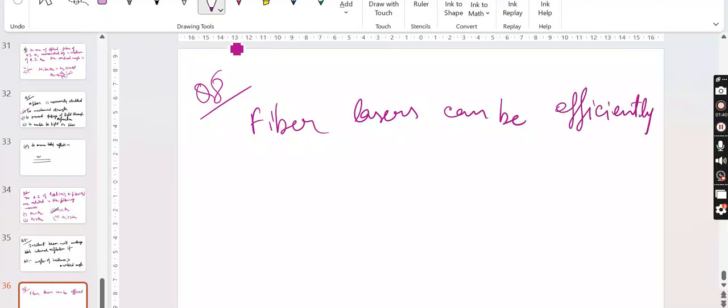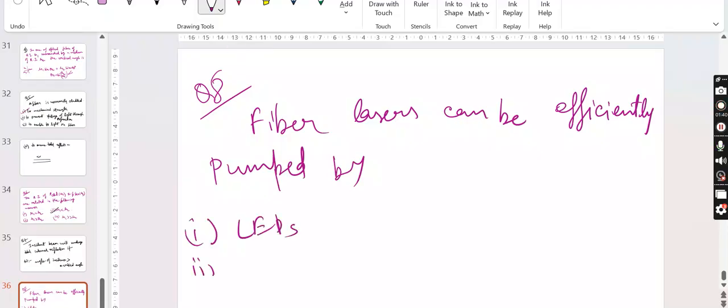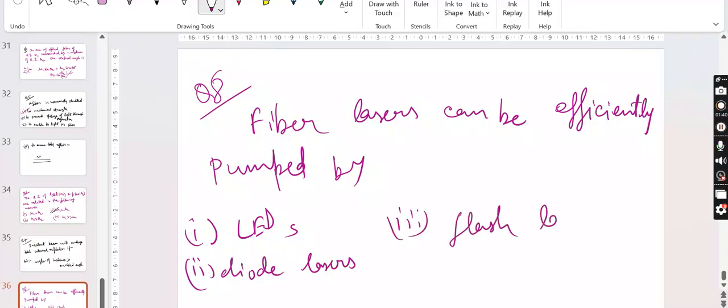Question number 8. Fiber lasers can be efficiently pumped by LEDs, diode lasers, flash lamp, solid state lasers.